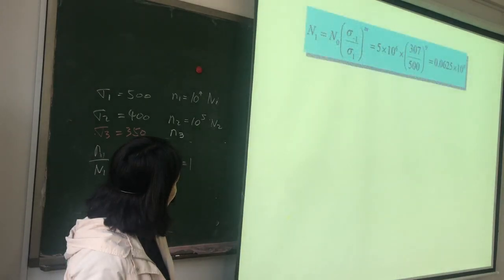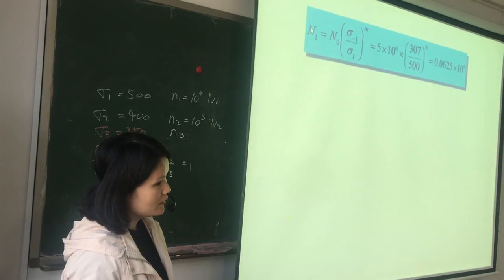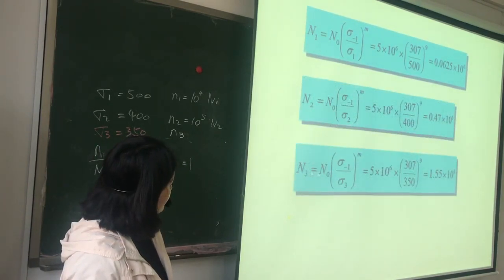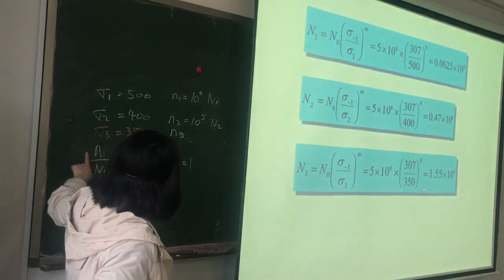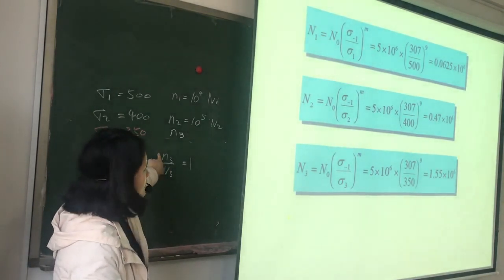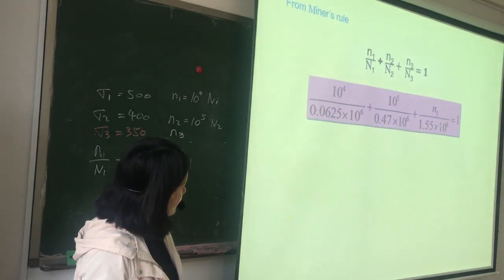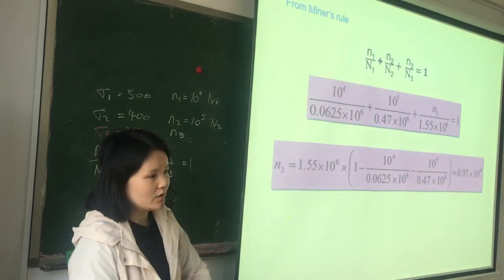So we calculate the big N1, big N2 and big N3, and we can calculate N3. So N3 is 0.97 times 10 to the 6.